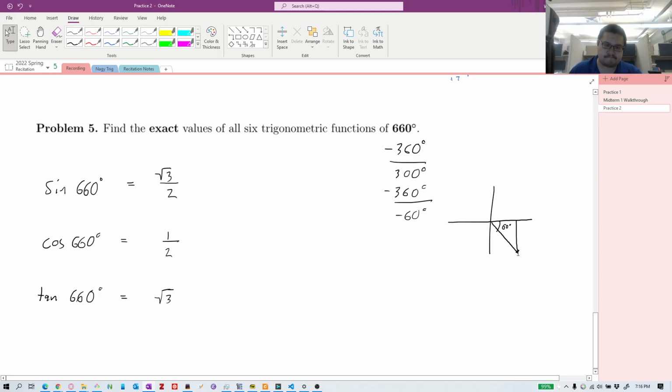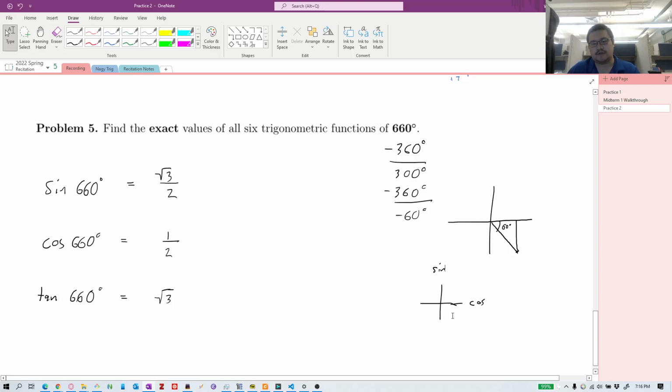One way that I explained it in class was that cosine corresponds to the x-axis, and sine corresponds to the y-axis. So for these two, cosine is positive. For these two, cosine is negative. And sine, being the y-axis, means that for these two, sine is positive, and for these two, sine is negative.